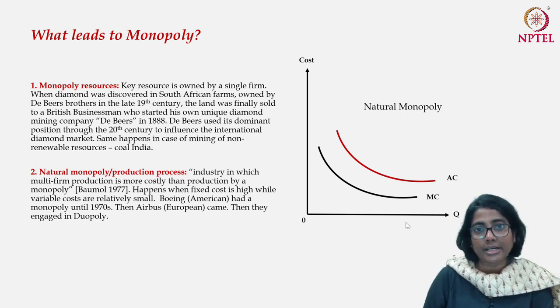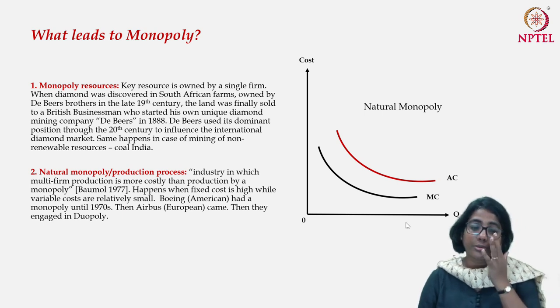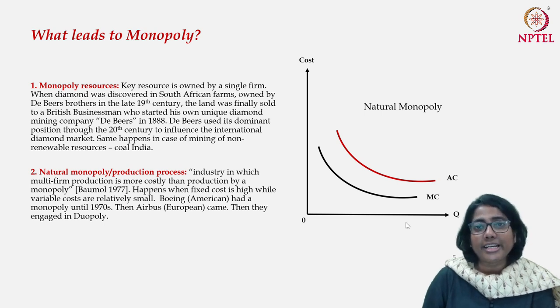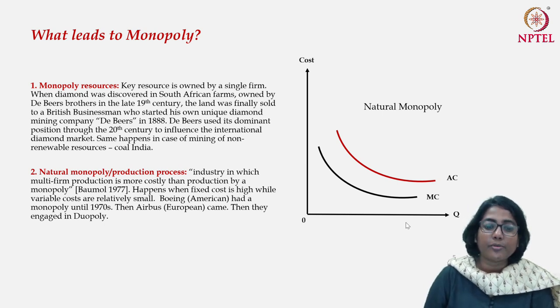The British government at that point of time got involved to have access to that land as well. And finally, a British businessman bought this piece of land, and they started a diamond mining company called De Beers, in 1888.